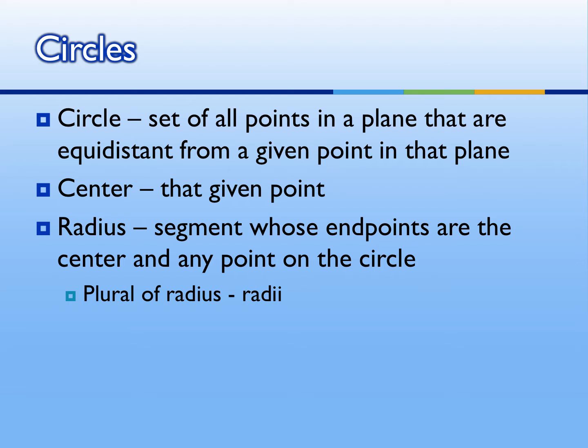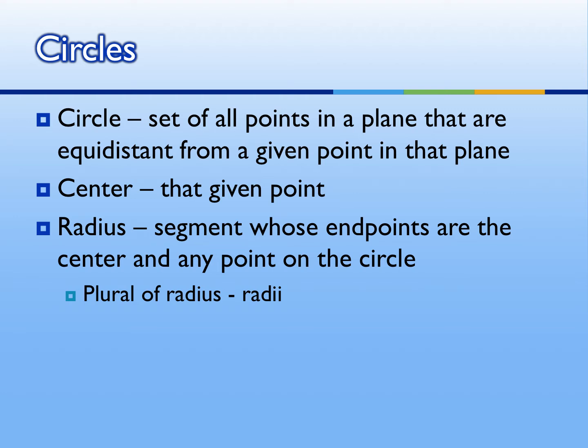So first thing we're going to do is define what a circle is. And a circle is the set of all points in a plane that are equidistant from a given point in that plane. And that given point is called the center. When you name a circle, you will use that center point.